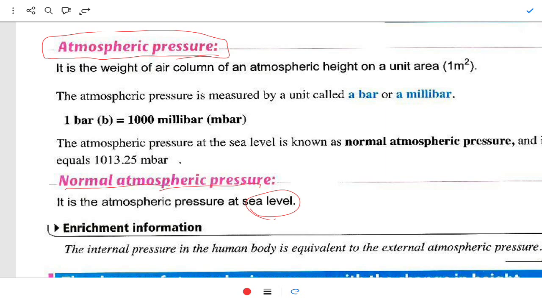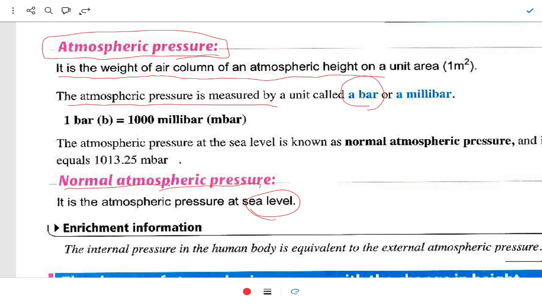But if we measure it from the top of the mountain, like our example, it would be the atmospheric pressure for this point. So the atmospheric pressure is the weight of an air column of an atmospheric height on a unit area. The atmospheric pressure is measured by a unit called bar.